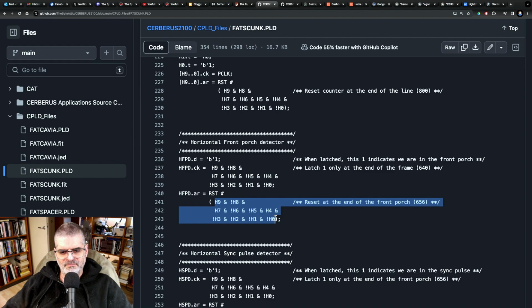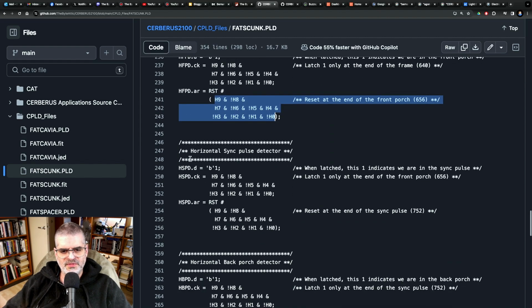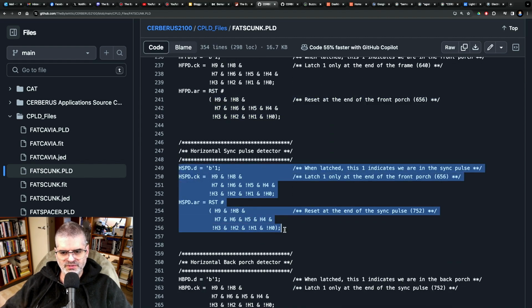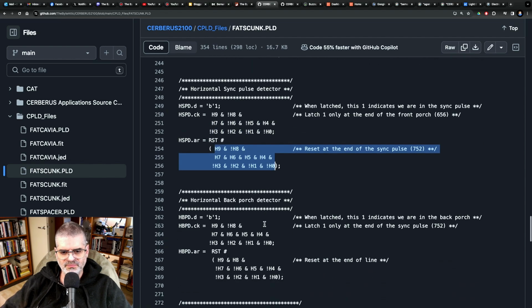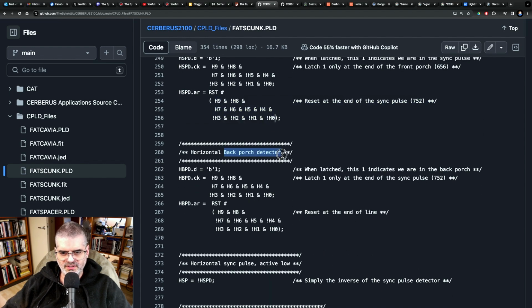This is the same thing for the sync pulse detector, except that the values are different. These equations are different because we are somewhere else in the counting. And the same for the back porch detector, except that these equations are different because the counts have to be different.